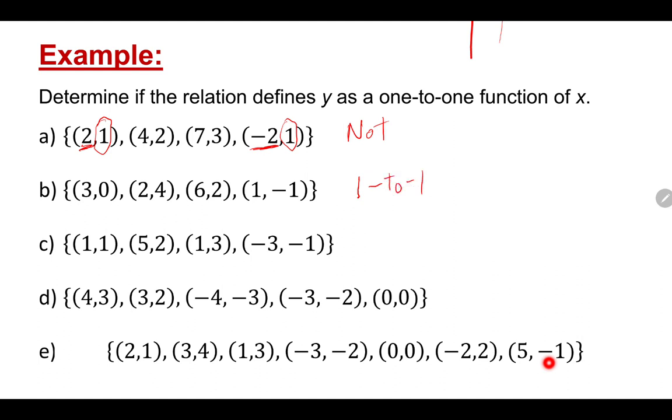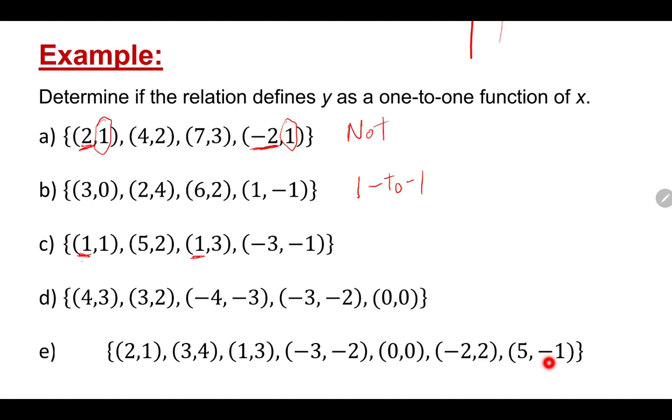So we're really looking at when you have two of the same x's or two of the same y's. So in C, I have x is 1, y is 1. X is 5, y is 2. X is 1, y is 3. So this is a problem. Right away I can see this one and this one give me two different outputs. And then I have x is -3 and y is -1.